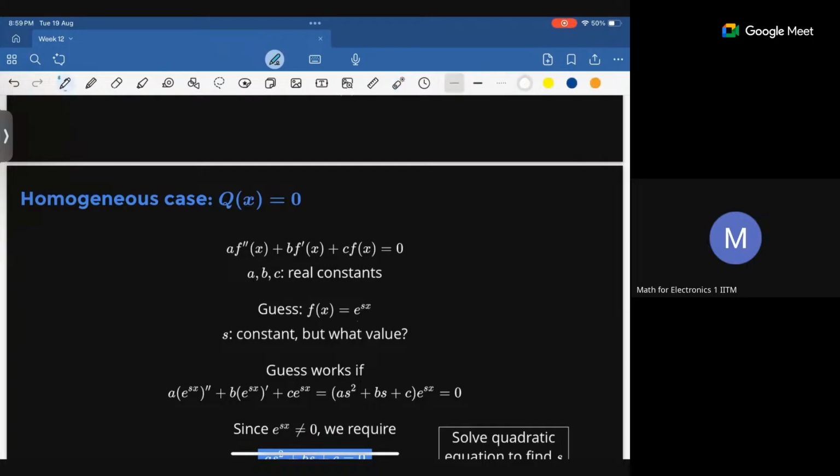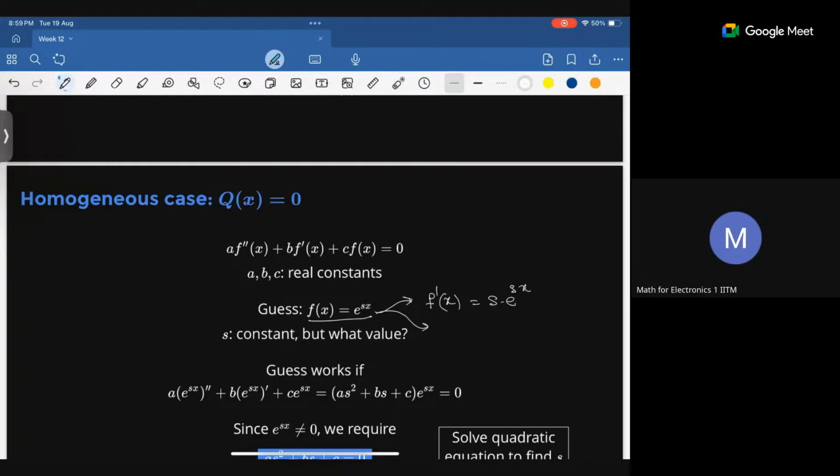Once we guess the solution to be like this, and this will work when the right side part is 0, okay, so when f of x is e power sx, we can find f prime of x, which is s into e power sx.